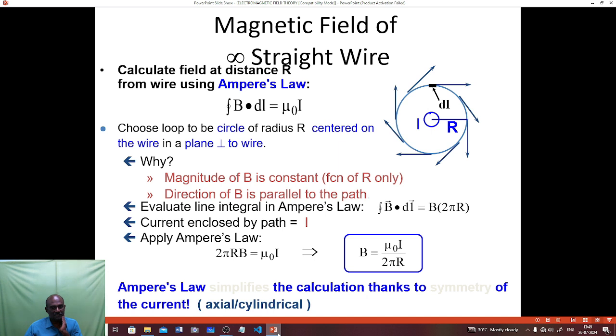B is derived as mu naught I by 2 pi r. Here mu naught is the permeability, I is the current carried, r is the distance.